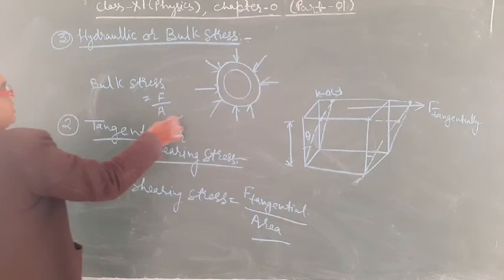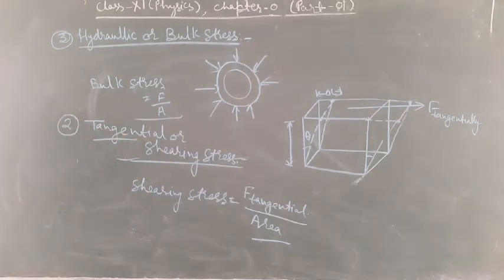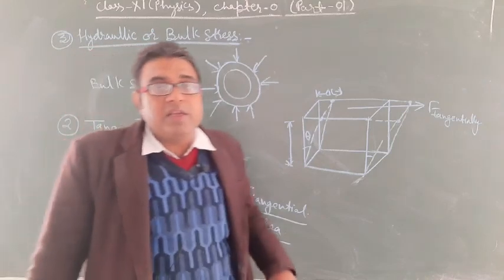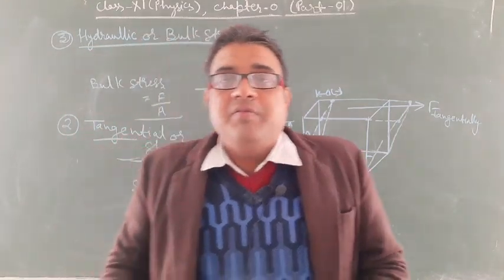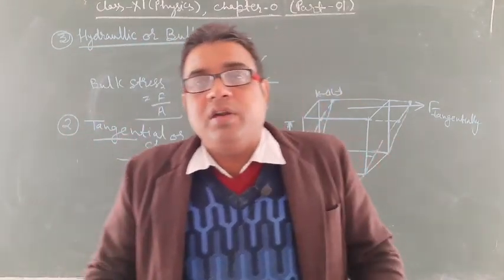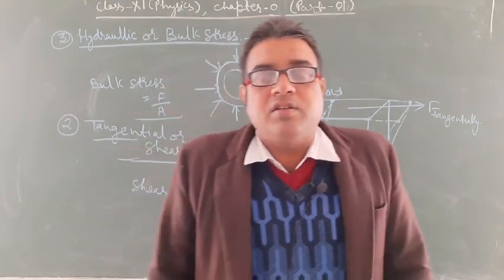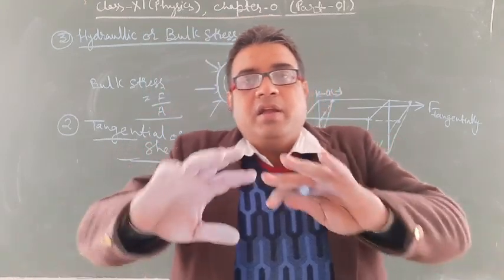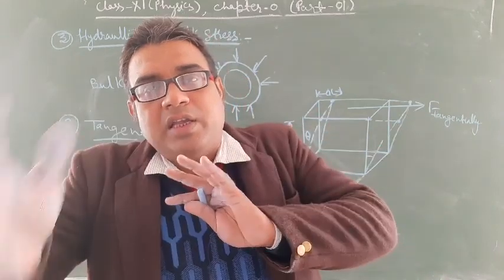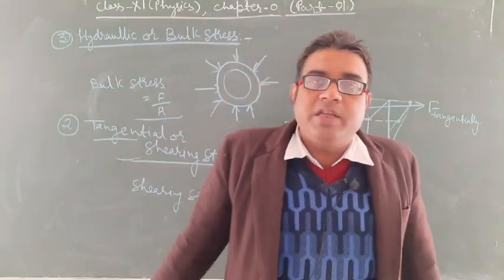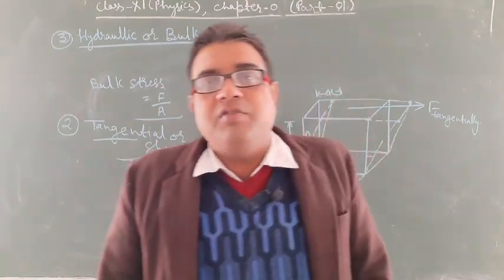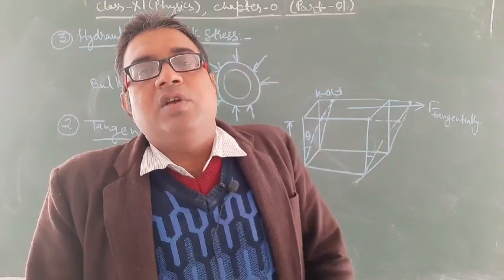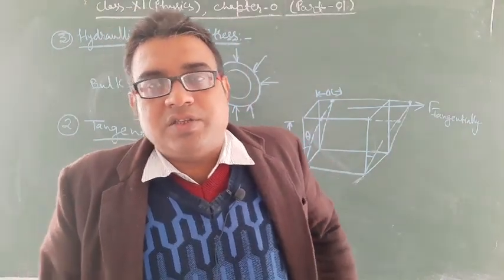Bulk stress can be given as force per unit area. It is also called hydraulic stress, because when we put a solid body in water, according to Pascal's law, forces act on the surface of the body from every side, and the body is deformed under the effect of that hydraulic force. So this stress is also called hydraulic stress.